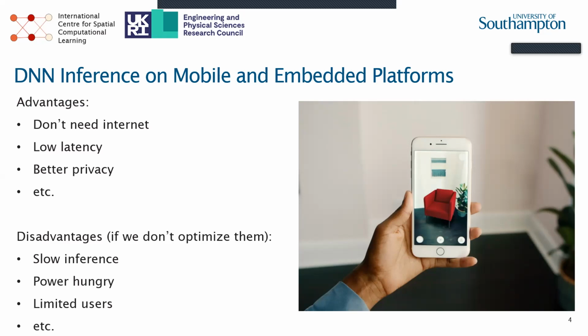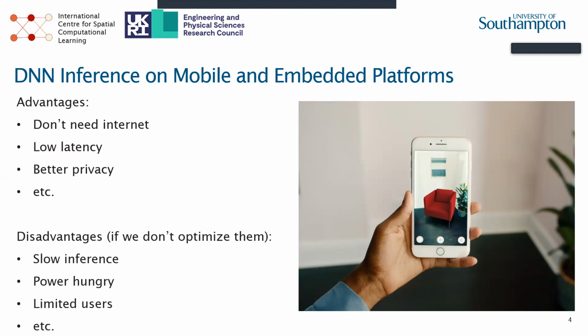On the other hand, these neural networks are computationally intensive for embedded and mobile platforms. If we don't optimize properly, we can have very slow inference time, and they are really power hungry. We don't want a neural network to drain the battery of our mobile phone in 30 minutes.